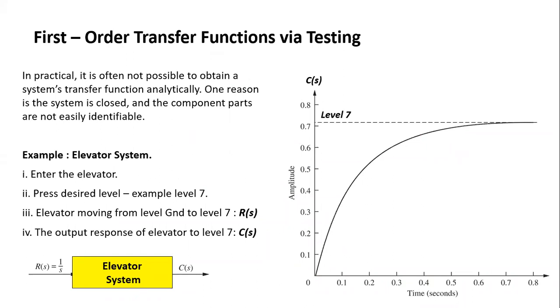For example, you press the desired level and the elevator moves, and then we look at the output response of the elevator.